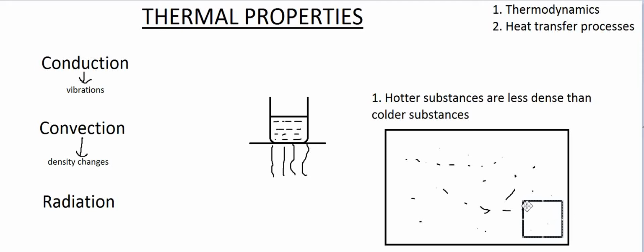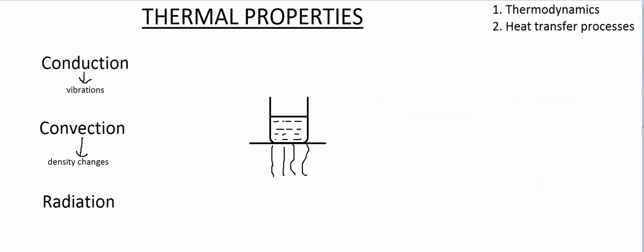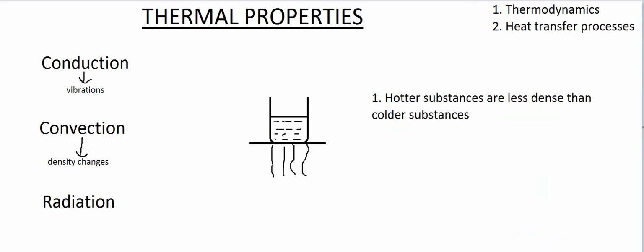The gases will move faster and start to expand into the area of the others. Because of this, they'll become less dense. It's the same for liquids, and this is basically why hotter substances are less dense than colder substances.